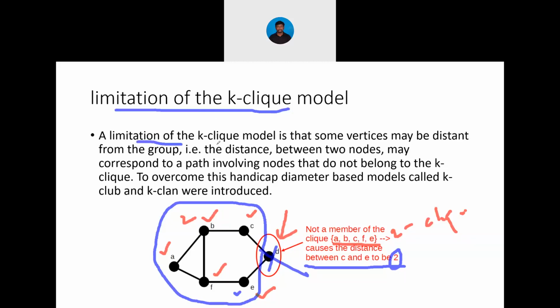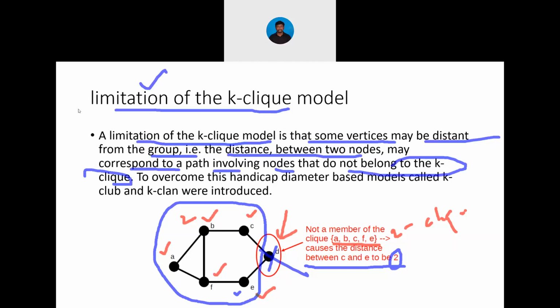So you read here, the limitation of the k-clique model is that some vertices may be distant from the group. So this is the distant node I've been considering here in this network. That is, the distance between the two nodes may correspond to a path involving nodes that do not belong to the k-clique. So this D node is not belonging to the k-clique, but it has been used to reach E from C. This is actually the limitation of the k-clique.